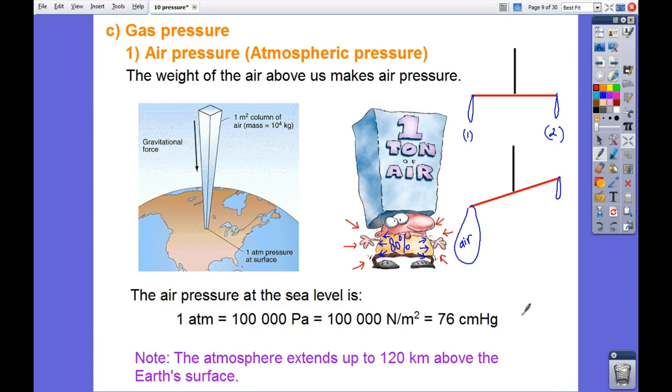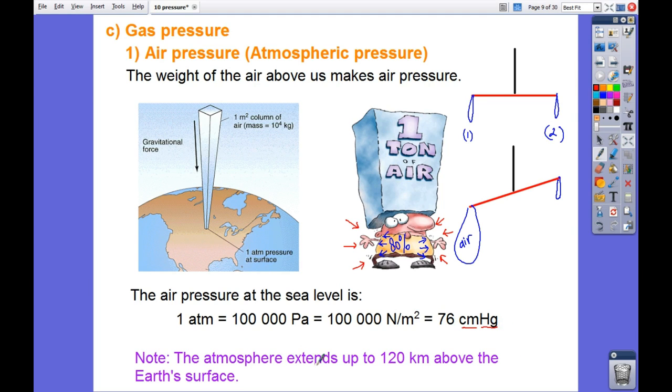So here is some trivial fact that you have to memorize. The air pressure at sea level is 1 atmosphere, equal to 100,000 Pascal or 100,000 Newton per meter squared, or equally 76 centimeter of mercury.